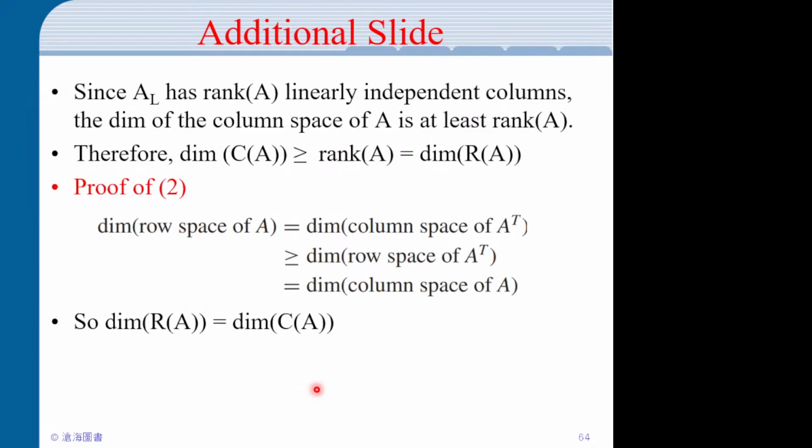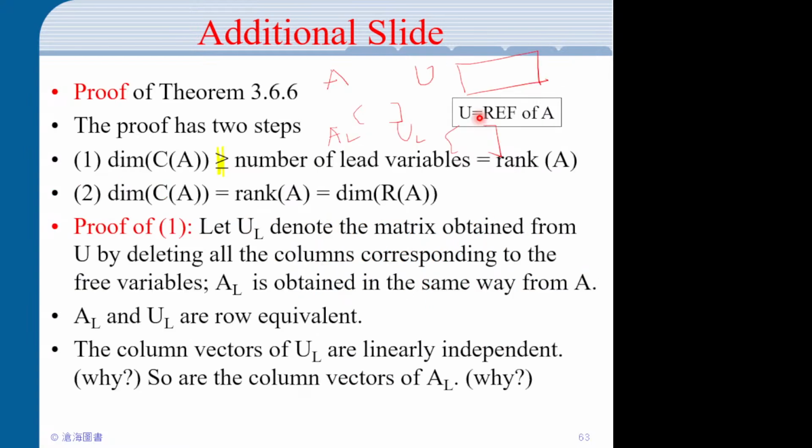And let's see what we have. AL has rank A linearly independent columns. Okay, so it's really long.